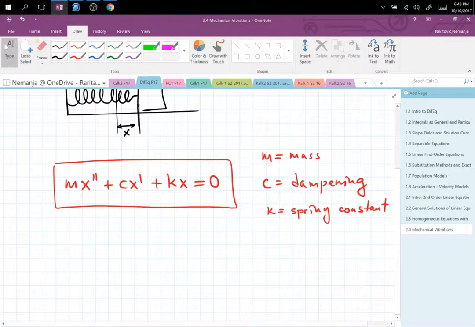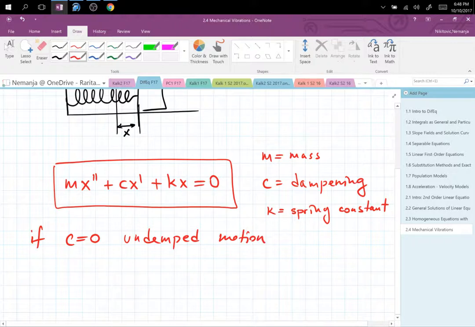We are going to have the cases where this damping, the c, if c equals 0, we call the motion undamped. And if c is larger than 0, we have damped motion.